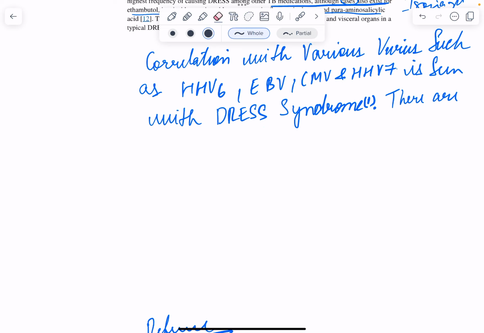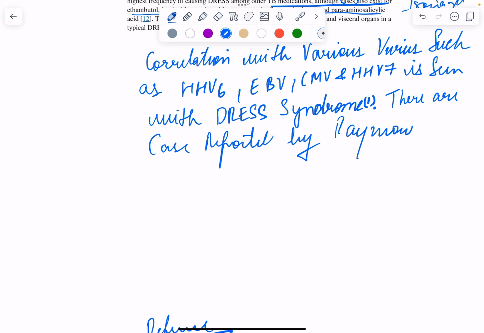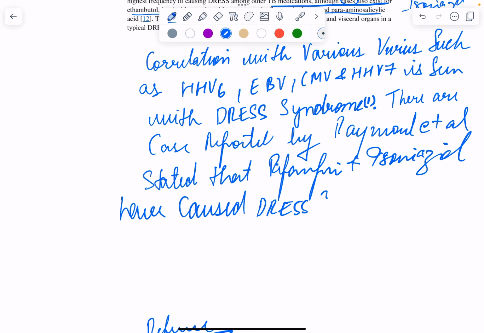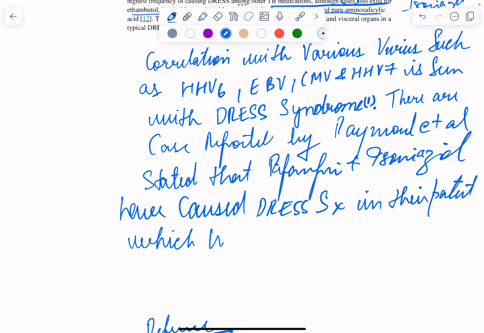So instead of this, I can say that the case reported by Raymond et al. stated that rifampin and isoniazid have caused Rett syndrome in their patients, which was confirmed with the pathology test. I think it's pathology.